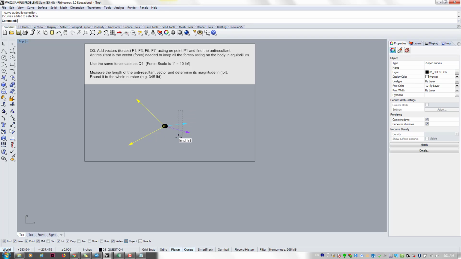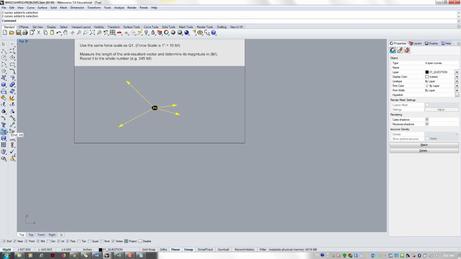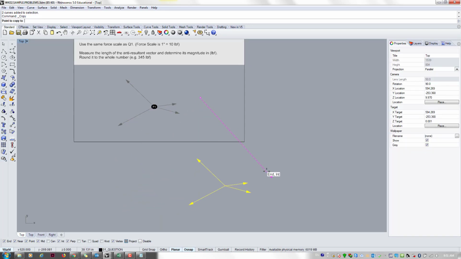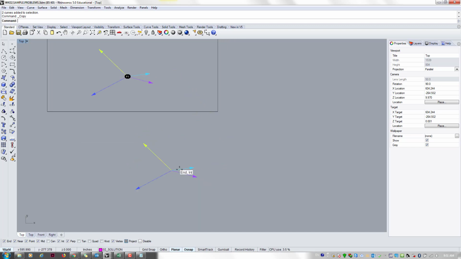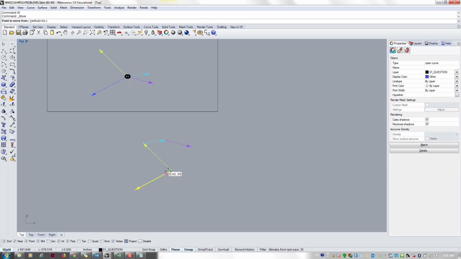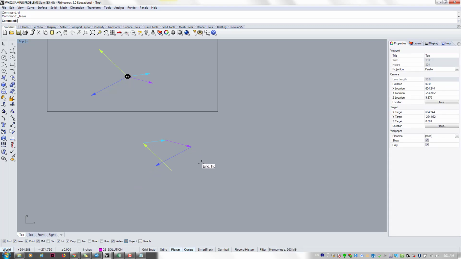Anti-resultant is basically, okay, let me demonstrate afterwards. But anyway, to get the anti-resultant, we're going to add all of these just like we get the resultant, right? If I add all of these four, the resultant would be this one.